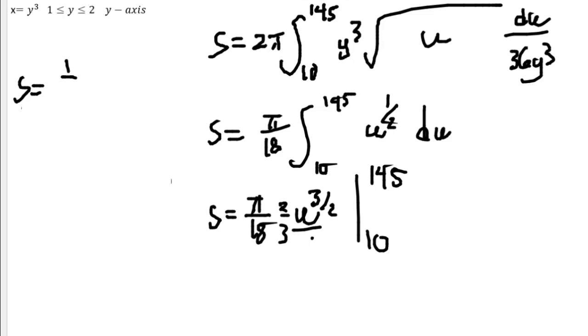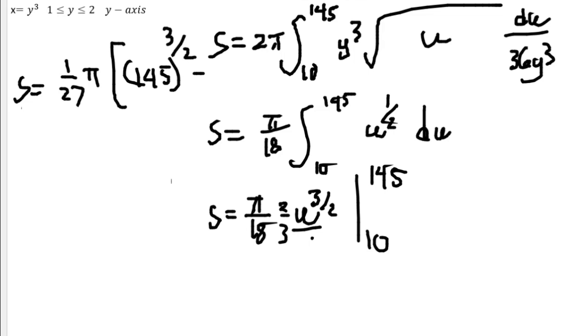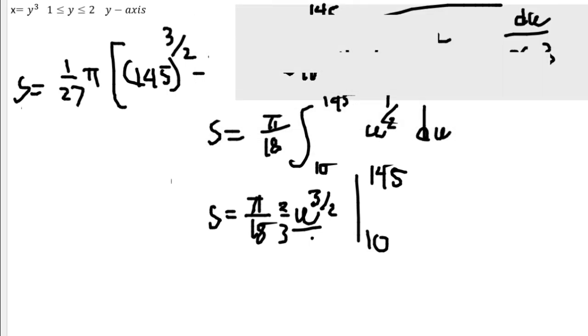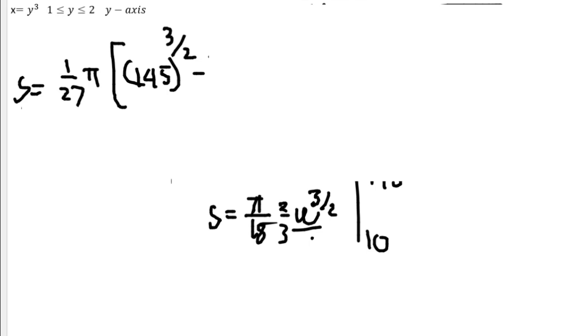Okay, so we can just simplify it too. That's going to be 1 over 27 pi. And plug in the numbers. We got 145 to the 3 over 2, we just leave it like this, and then we'll just minus 10 to the 3 over 2.